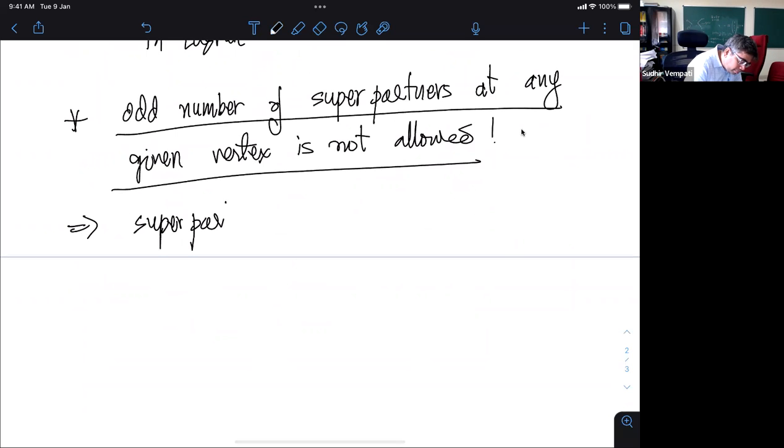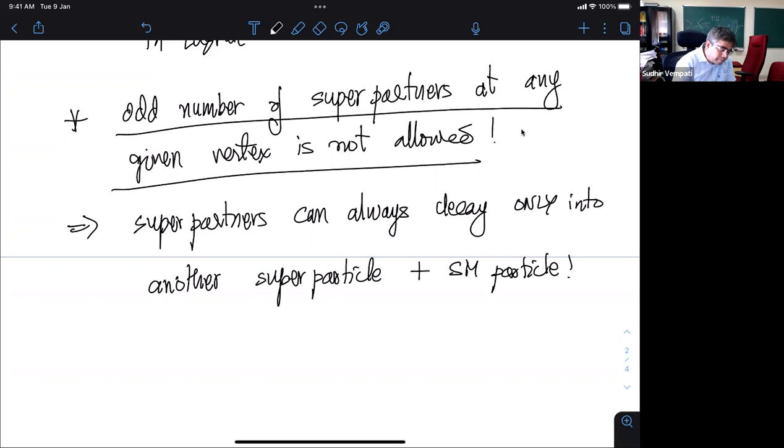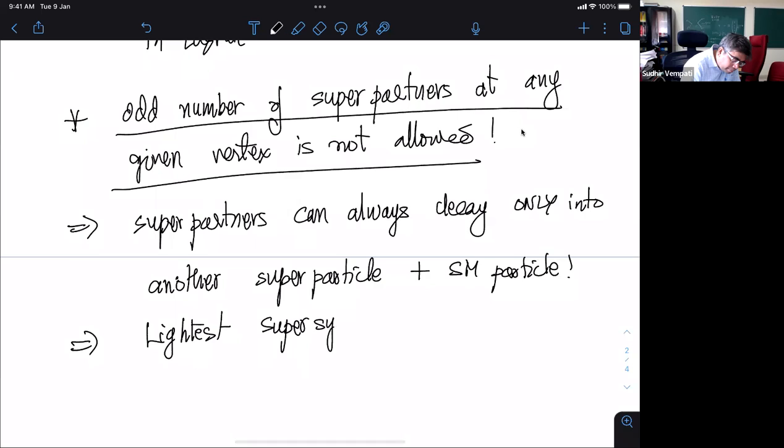superpartners can always decay only into another superparticle plus a standard model particle, and thus the lightest supersymmetric partner particle cannot decay.